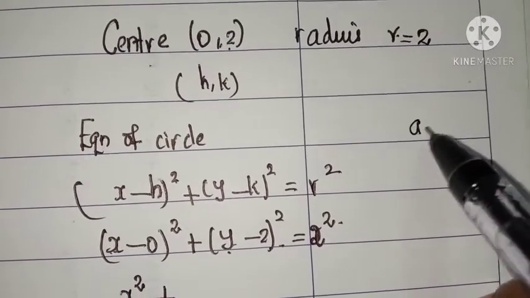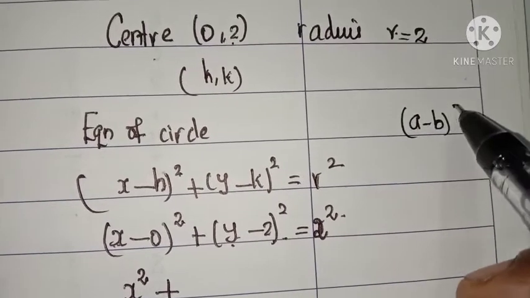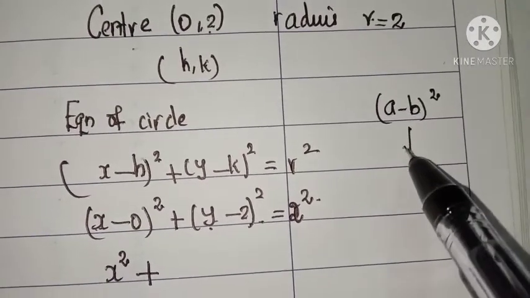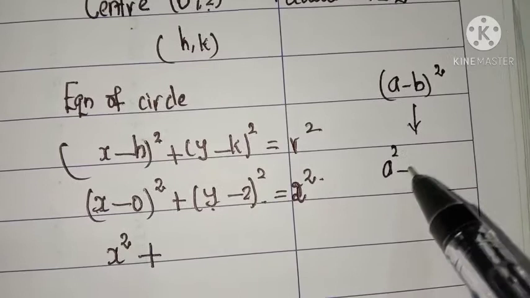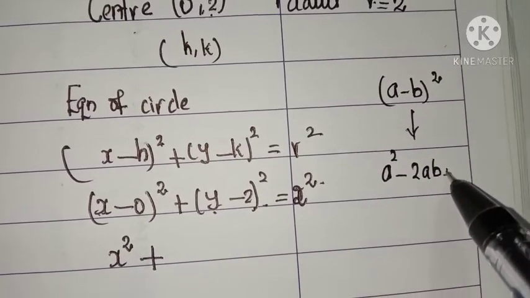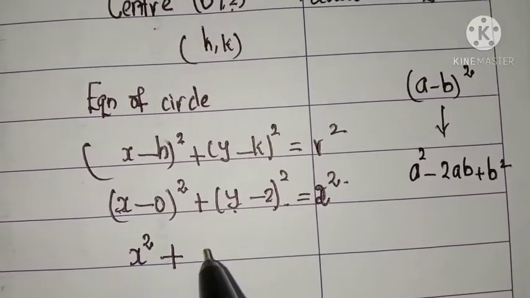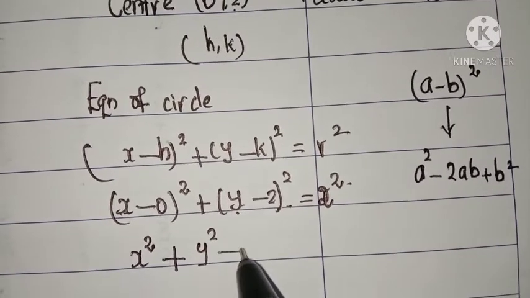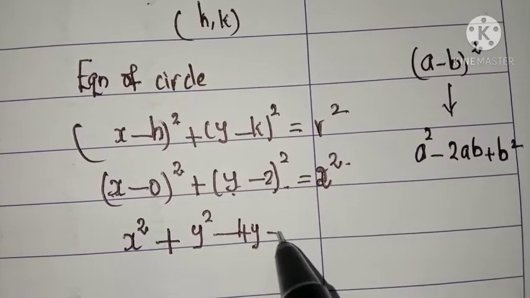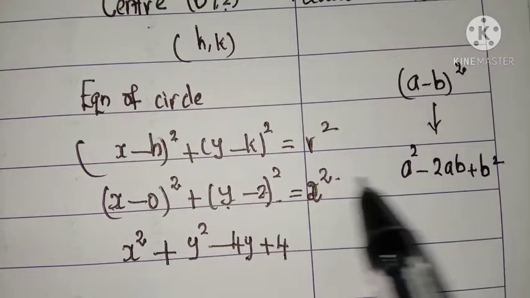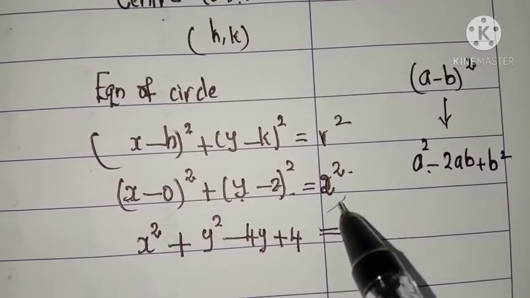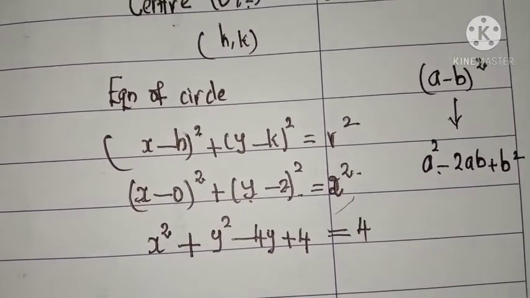So, expand this by using (a minus b) whole square. What is (a minus b) whole square? a square minus 2ab plus b square. So, this becomes y square minus 4y plus 4. This result is equal to 2 square. 2 square is 4.